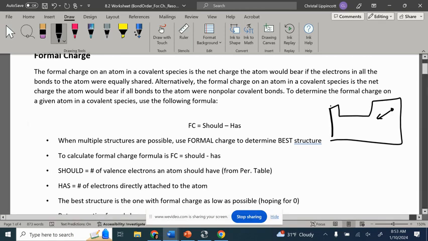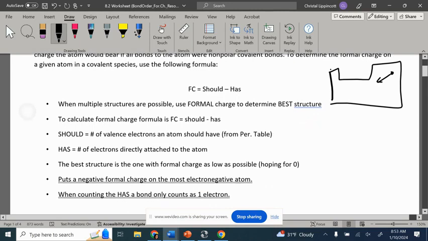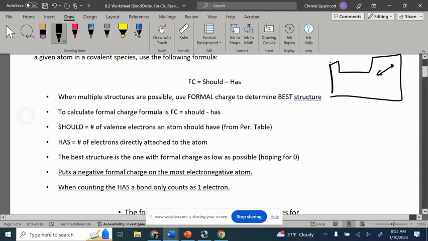And so when we're looking at that, we come down to this idea of formal charge. Okay? Now, how do you calculate formal charge? There are some fairly complicated equations for this. I find that this works best for everyone. Okay? So the formula that I throw out is should minus has.